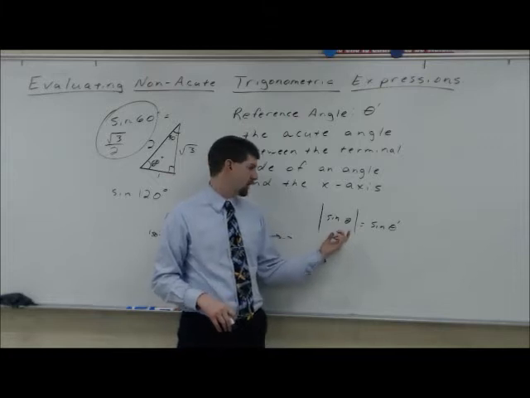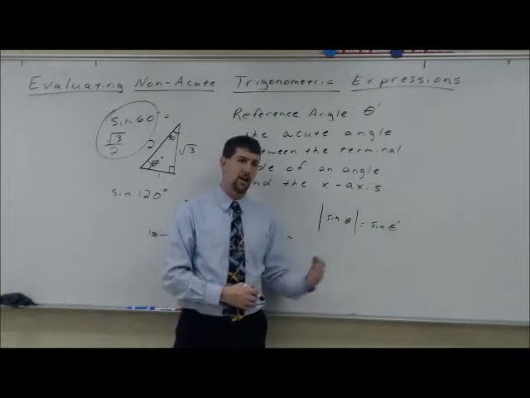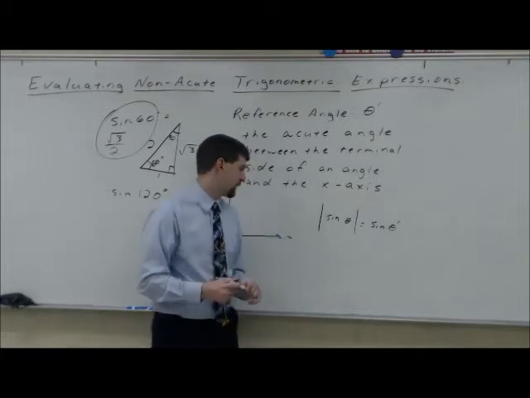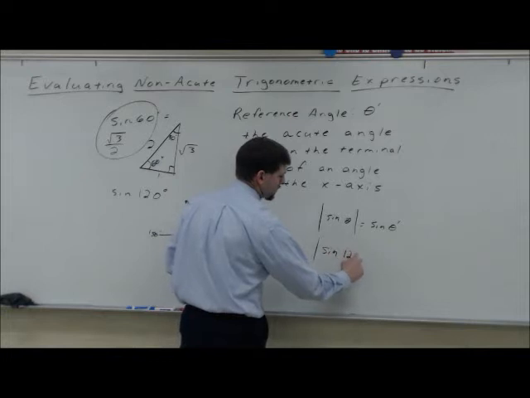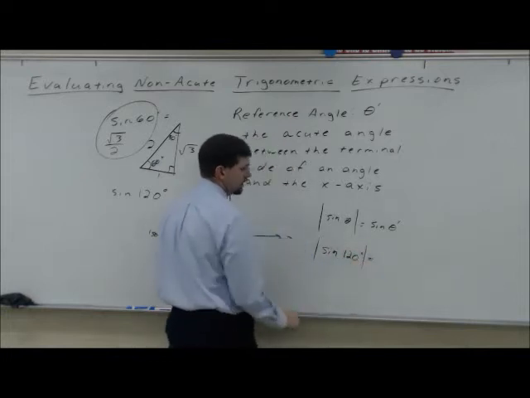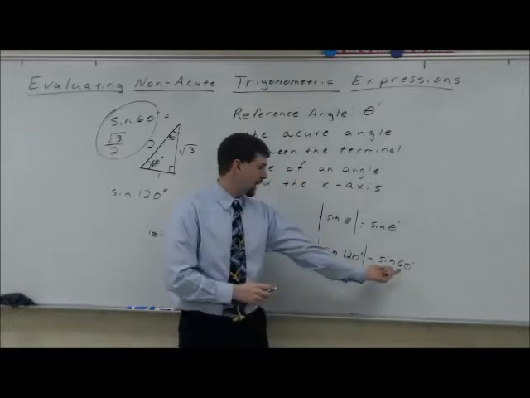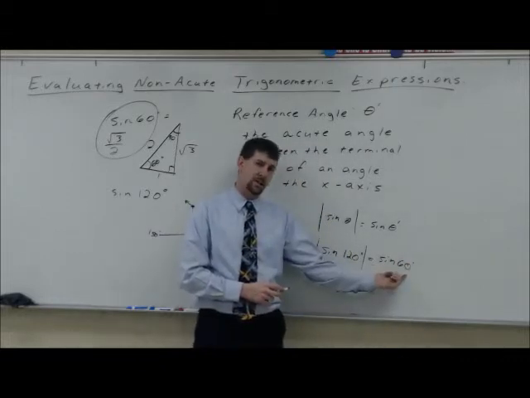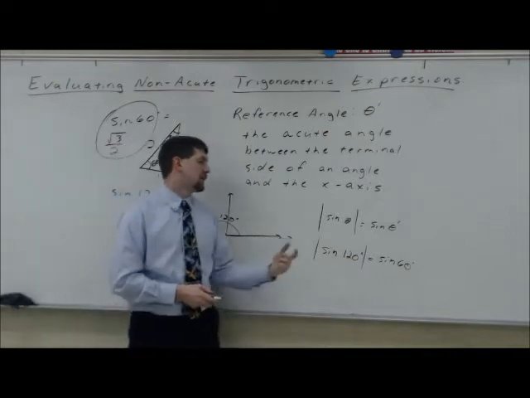The absolute value of sine of an angle is equal to the sine of that reference angle. So in our scenario, the absolute value of sine of 120 degrees would be equal to sine of 60 degrees. I can tell what sine of 60 degrees is. We know how to calculate that. It was square root of 3 over 2.